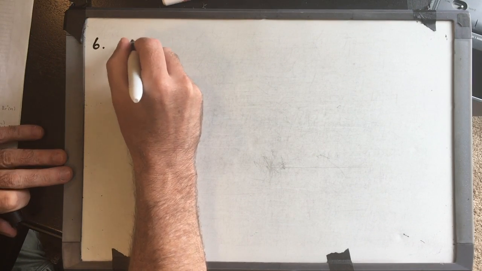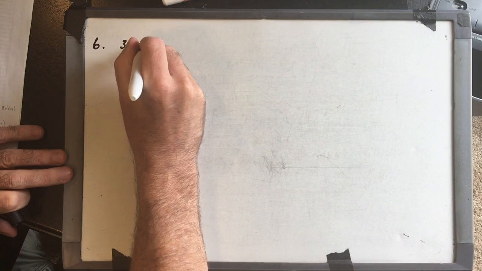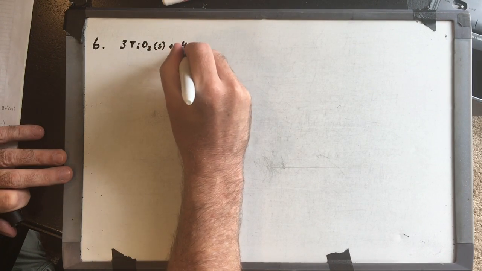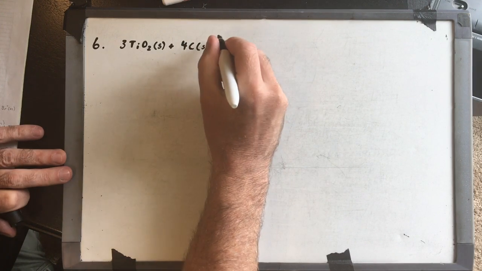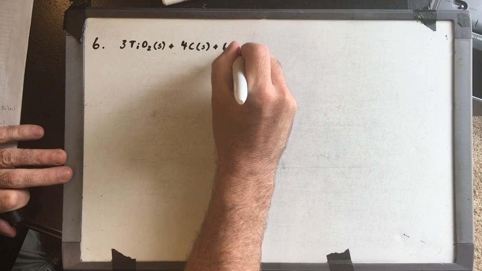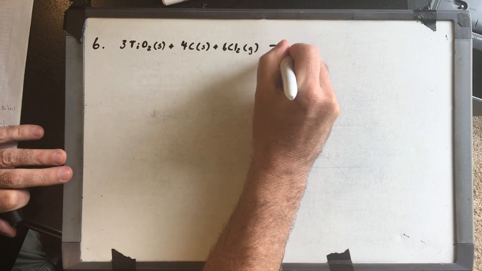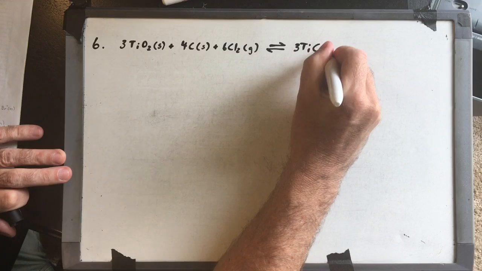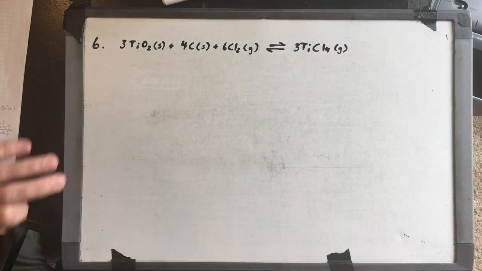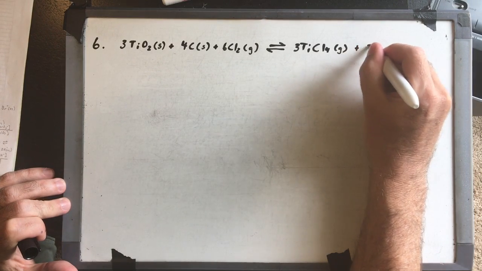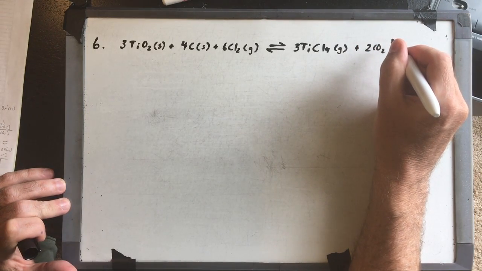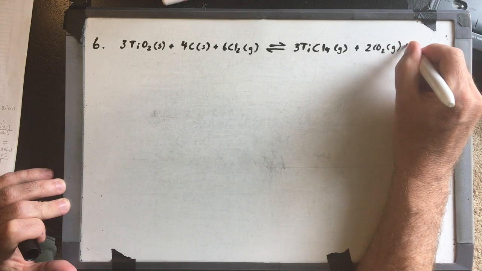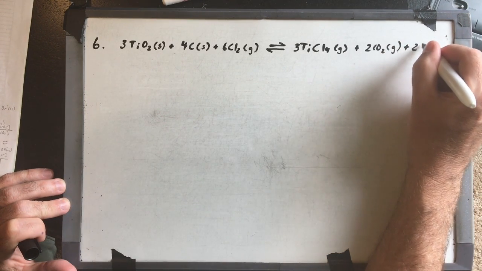So you've got 3 TiO2, which is a solid, plus 4C, which is a solid, plus 6 Cl2, that's a gas, and that makes 3 TiCl4, plus 2 CO2, which is a gas, and the phase really matters on this one, and 2 CO gas.